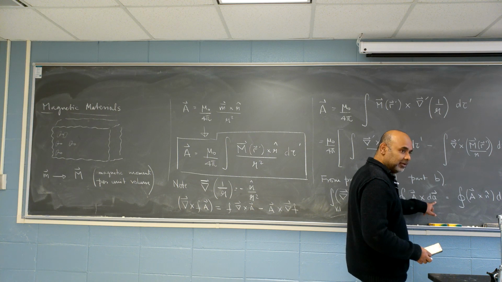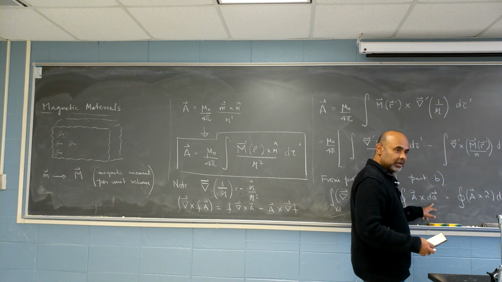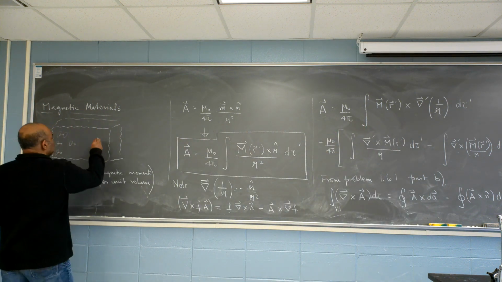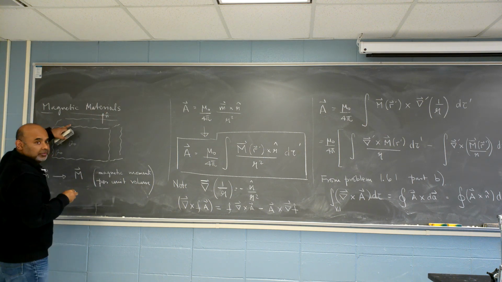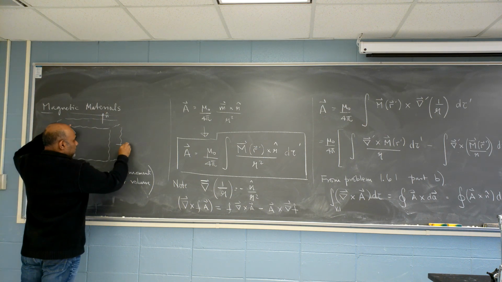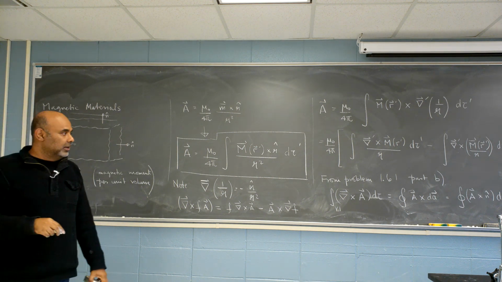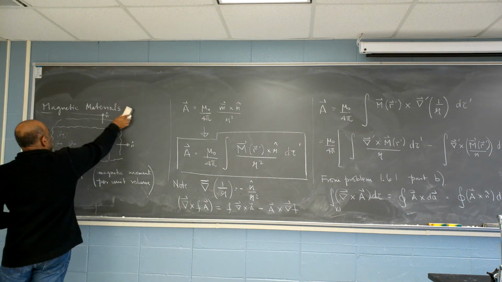Because area vector is the normal to the boundary that we're considering. And when I say normal, I'm glad I didn't erase it. This would be my normal if I'm on this surface over here. Yeah? The outer boundary.